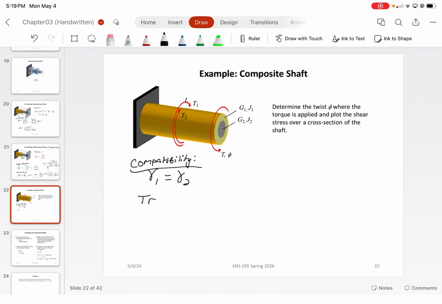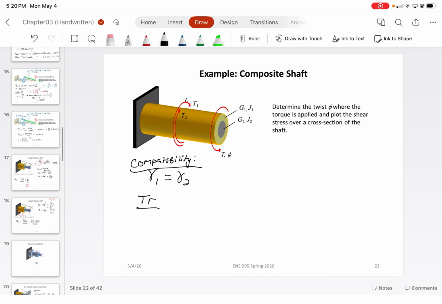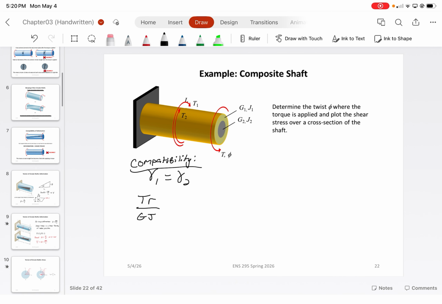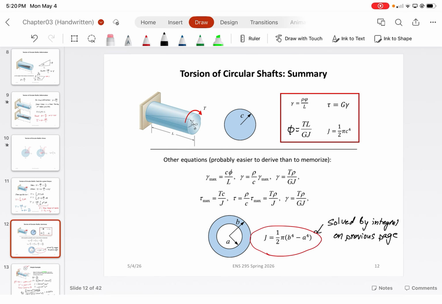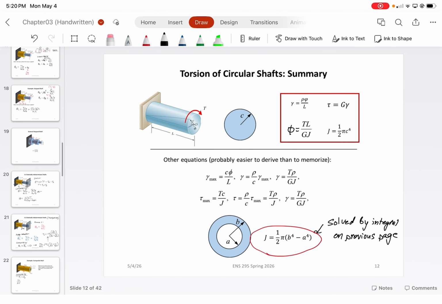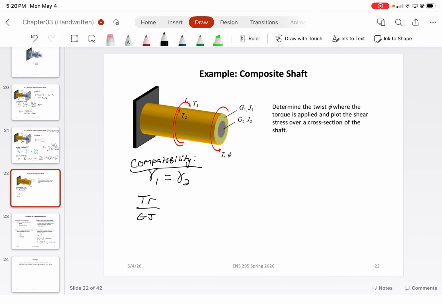T rho over GJ. Rho is the radius. Yes. Is equal to T rho over GJ.